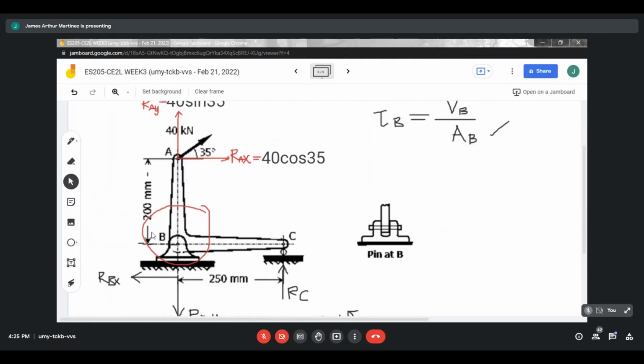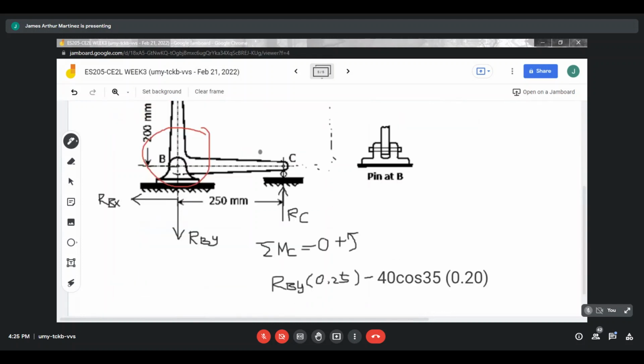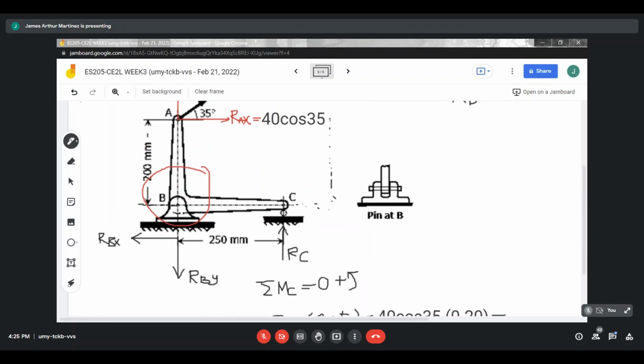Okay, so nara class. So principle of transmissibility is just the same. So for RAY, with respect to point C, will create also a negative moment, a clockwise rotation.